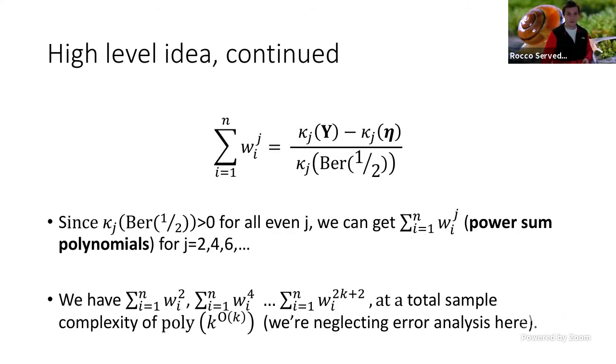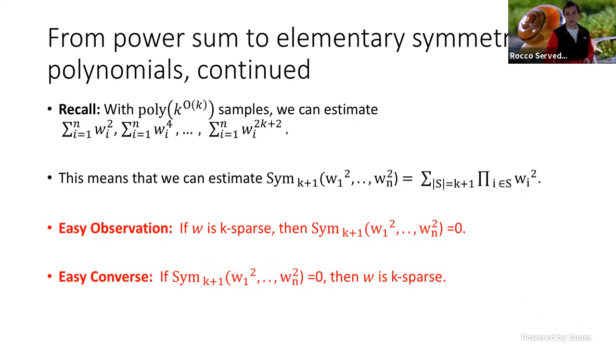That's where the sample complexity is coming from. So good, we can estimate these power sum symmetric polynomials. That means in turn we can estimate the elementary symmetric polynomials. And having a good handle on the elementary symmetric polynomials really tells us what we want to know in terms of whether or not the underlying vector is k-sparse. These are just very basic observations. Suppose you have a k-sparse vector, okay?